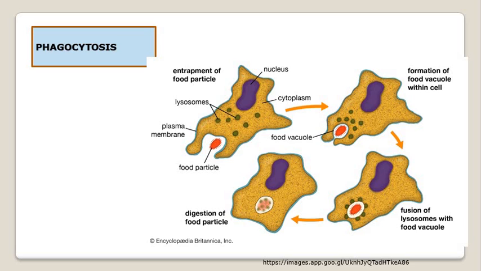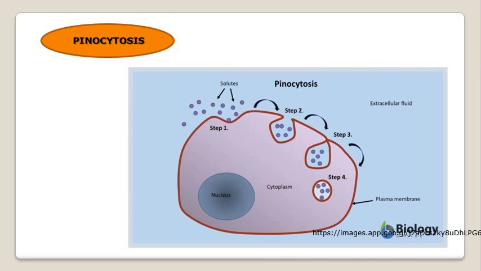Whereas phagocytosis is a process in which the solid particles are taken inside by the same invagination of the plasma membrane. So this is called cellular eating. Phagocytosis is called cellular eating. Now let's see the procedure of pinocytosis and phagocytosis with the help of this diagram.